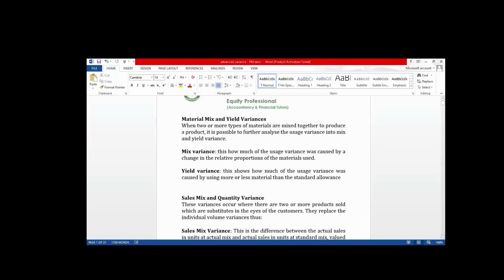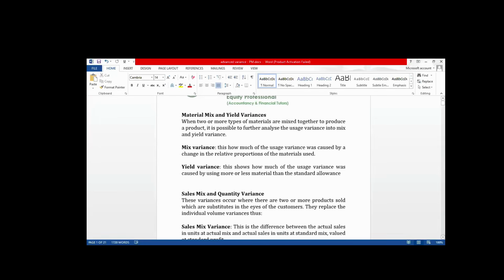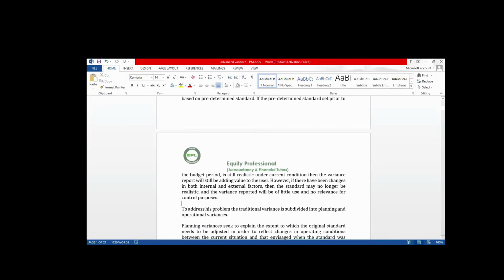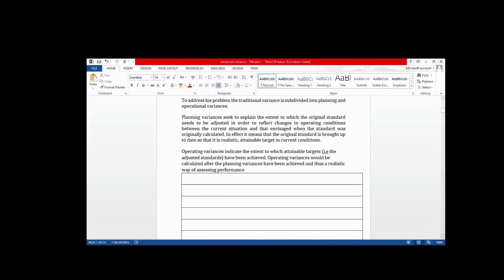It is possible to further subdivide material usage variance into material mix and material yield. What is material mix? Like we did yesterday.